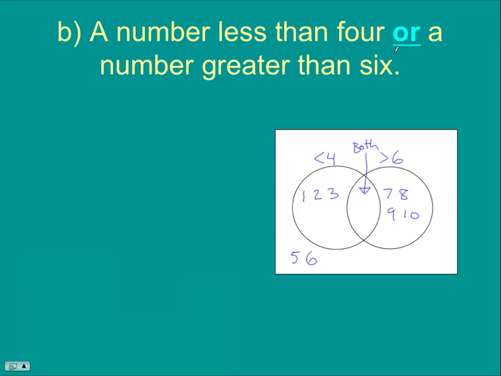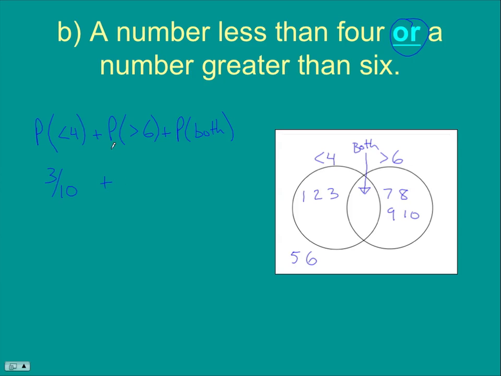Now, if we want to find a number less than 4 or a number greater than 6, remember our formula. It's going to be the probability of less than 4 plus the probability of greater than 6 minus the probability of both. Okay, so if we want the probability of less than 4, we're going to have a 3 in 10 chance.